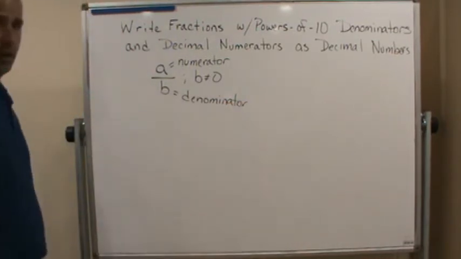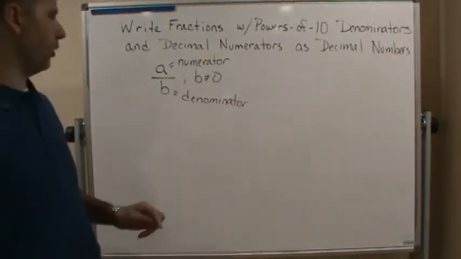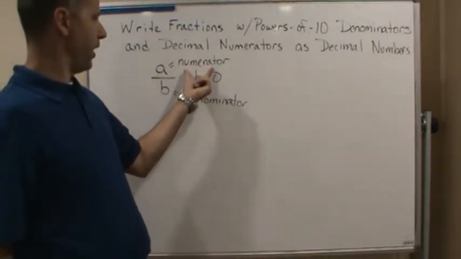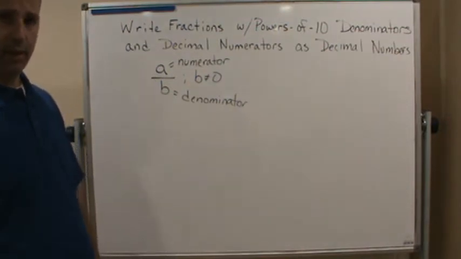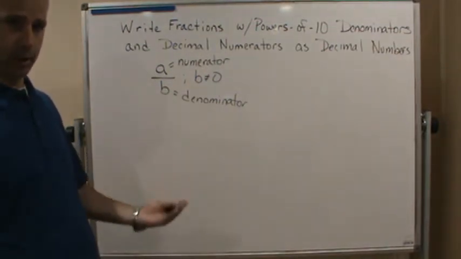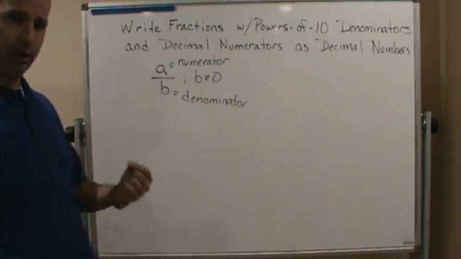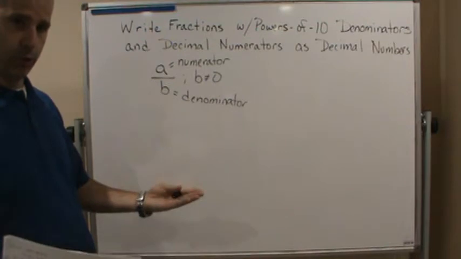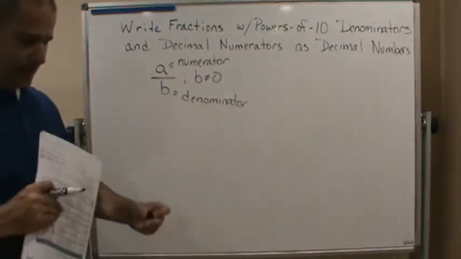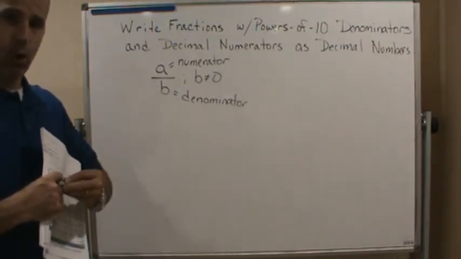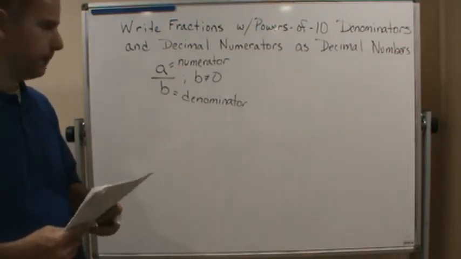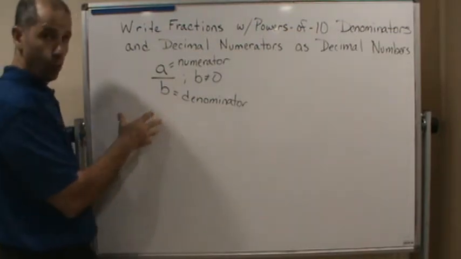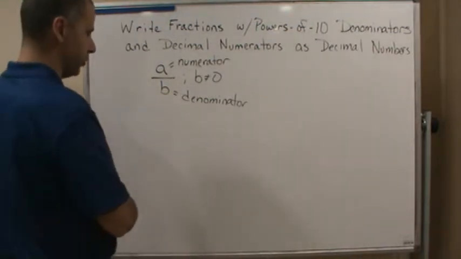Now think about the numerator. It tells you the number of pieces that you have, the number of parts that you have, out of the total number of parts that make up the whole unit. The denominator tells you basically how that whole thing is split up. So think about this. The denominator tells you what kind of fraction you're dealing with.